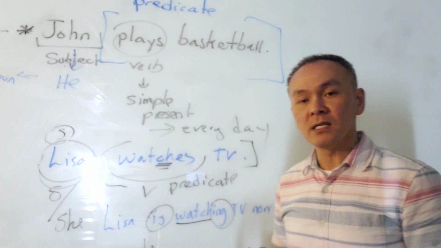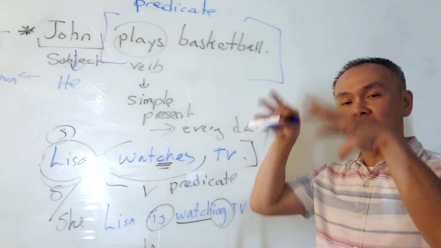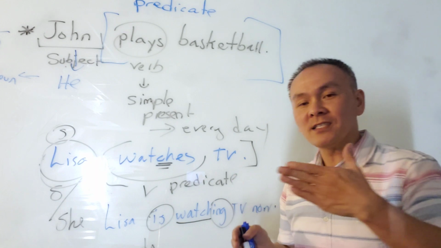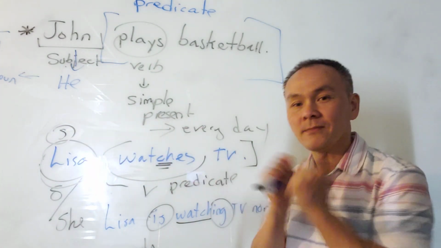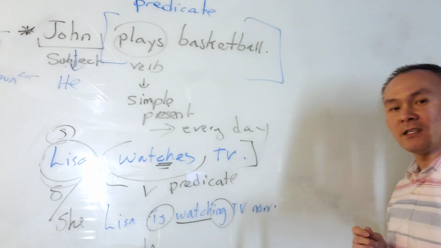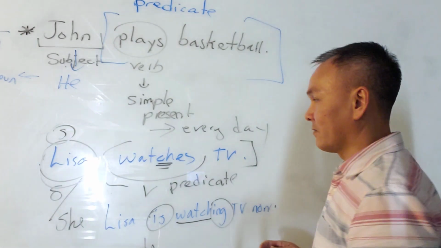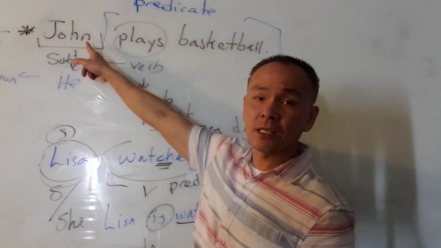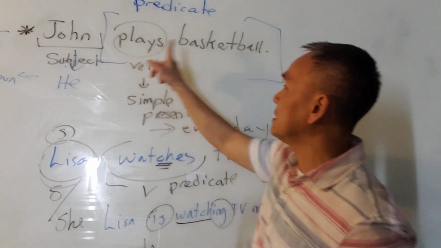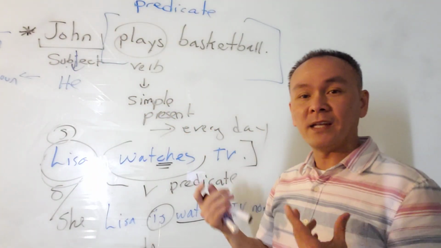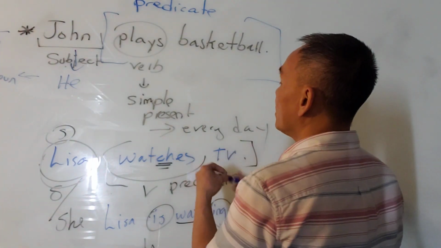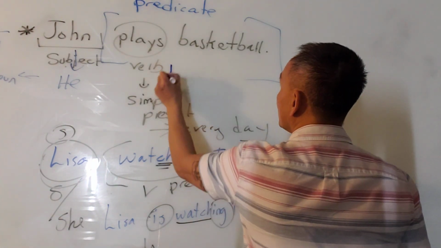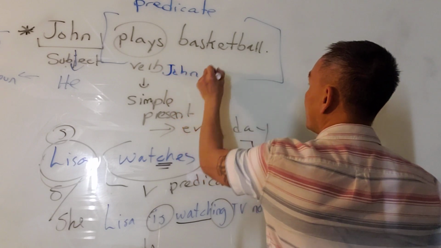Present progressive means something that is happening right now and continues into a time that you're going to stop. So for this sentence here, John plays basketball when? Every day.